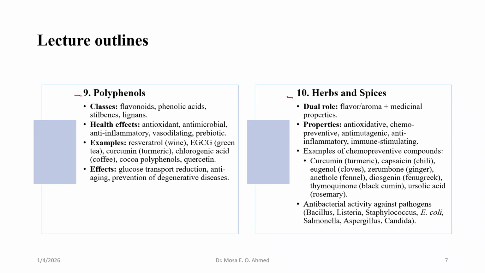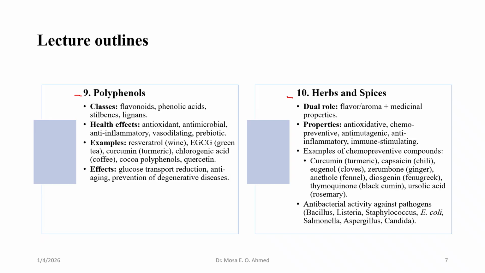Actually, herbs and spices have a dual role. They act as flavor or aroma besides their medicinal value. The properties of these herbs and spices also include antioxidant, chemopreventive, anti-mutagenic, anti-inflammatory, and immunostimulant effects.